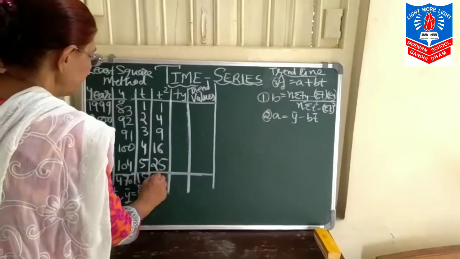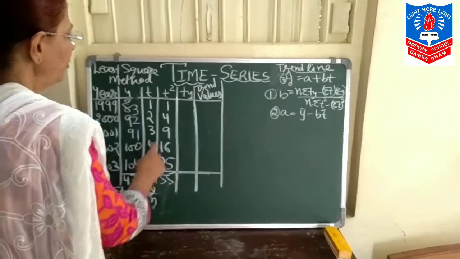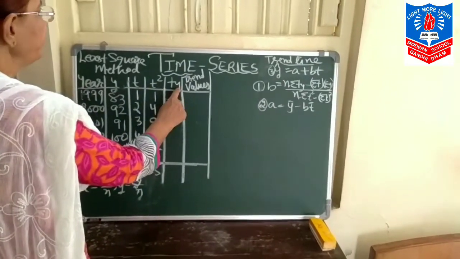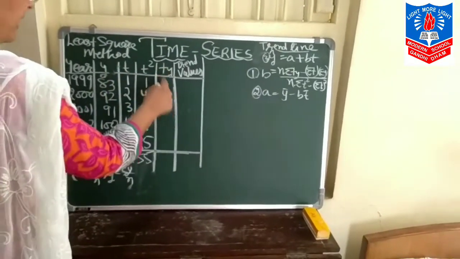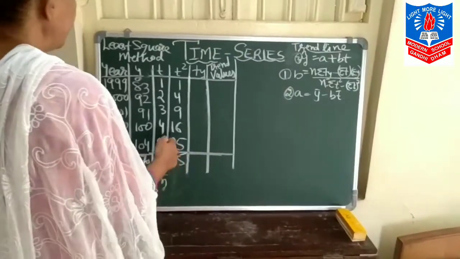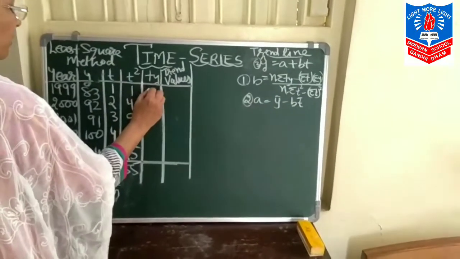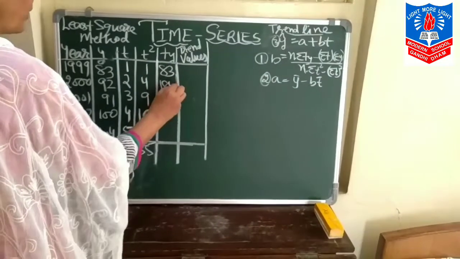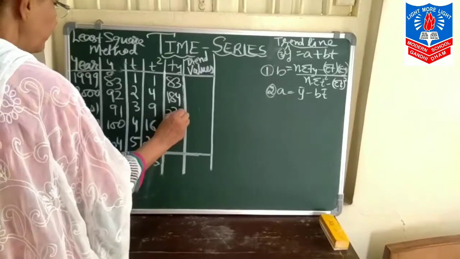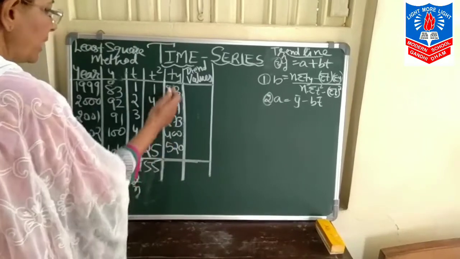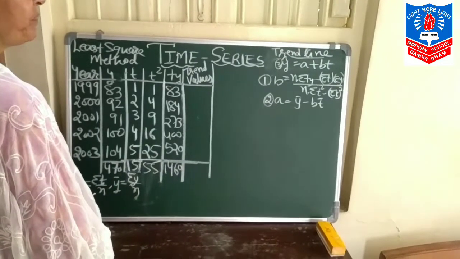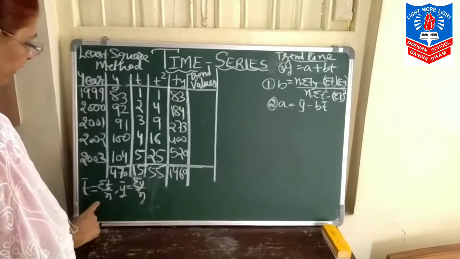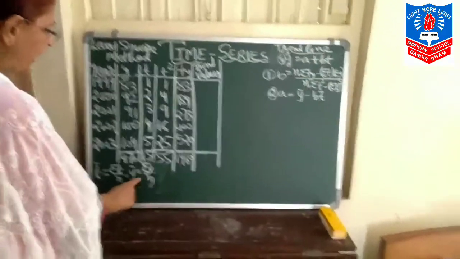Now total of this is 55. Next which we want is ty. This is t and y. These both we multiply, and the total of that which we want is sigma ty. Now the multiplication values are 83, 184, 273, 400 and 520. Total of this is 1460.